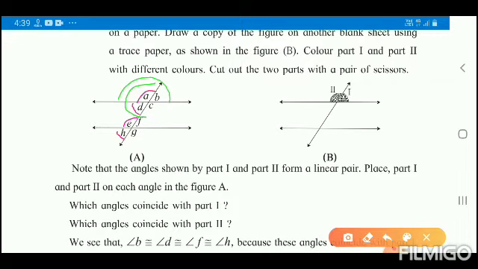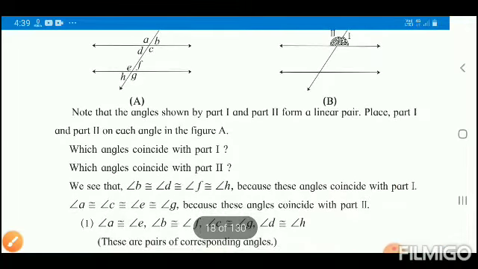AB, then AD, then angles B and C, then D and C. This also makes a half circle, which means the measure of this angle is equal to 180 degrees. And if two angles measure 180 degrees together, then they form a linear pair. So whatever part we cut, you will get the linear pair of angles.